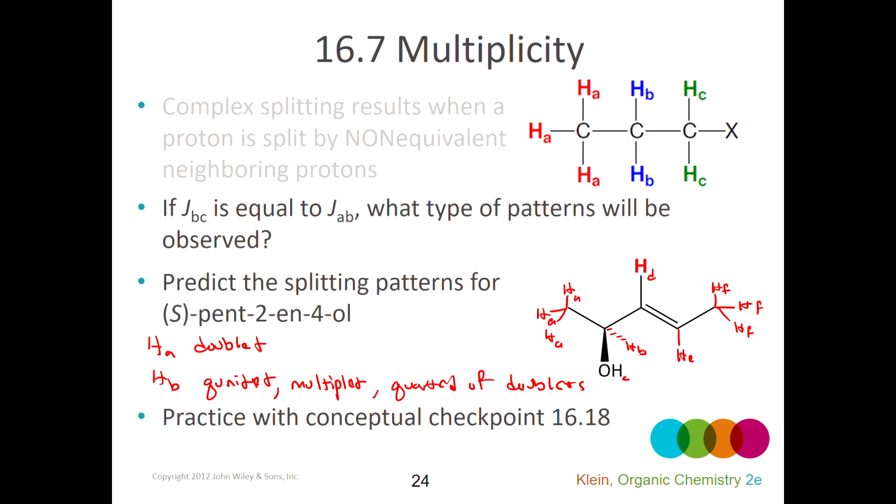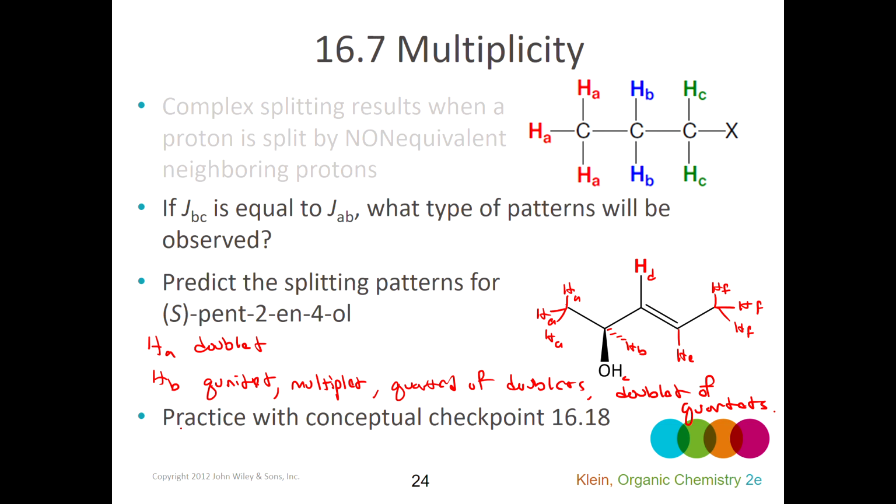A would be splitting B into a quartet, D would be splitting B into a doublet. So a quartet of doublets, or a doublet of quartets. So it really depends on which side is splitting with a higher coupling constant and how much of a difference there is between those coupling constants.